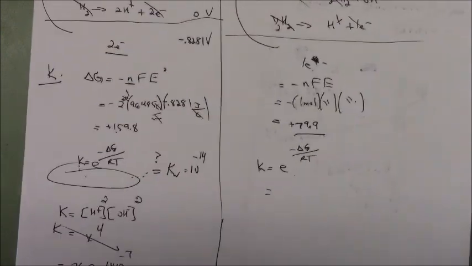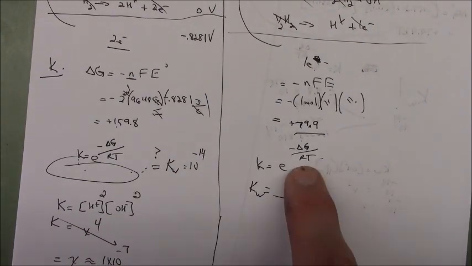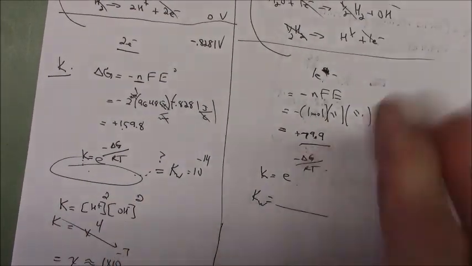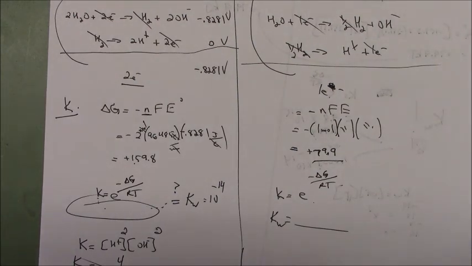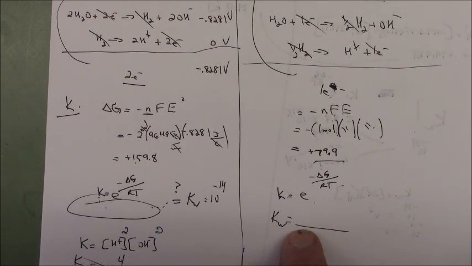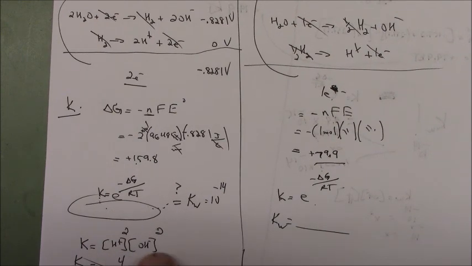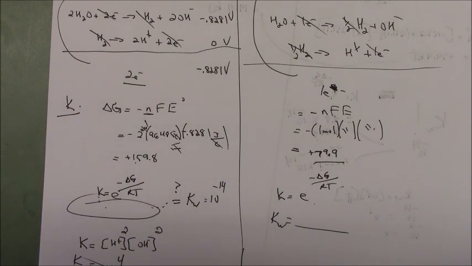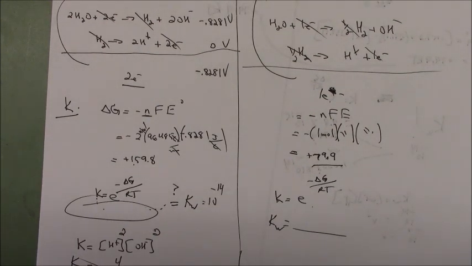Checks out. This one already gives you what looks like KW. So this is the comparison of the two ways just on balancing and how that reflects itself in a K that looks like KW. The one that doesn't look like the normal KW, you can break it down into concentration amounts, which we already know for water. When it does this, it should be 1 times 10 to the minus 7th. So that is the second part of that.